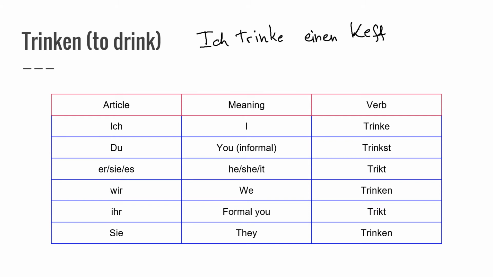Now why einen here? I will upload a PPT on why einen here, so let's forget it. It is ich, that's why it's trinke. Ich is always conjugated as trinke, like in the table. If it is du, it would be trinkst. Du trinkst einen Kaffee. You drink a coffee.